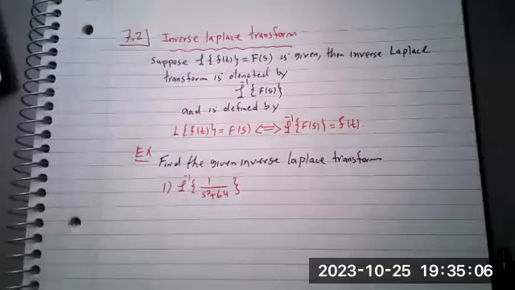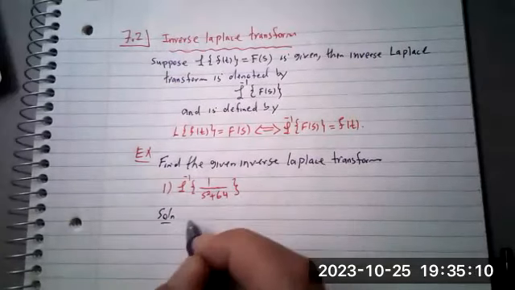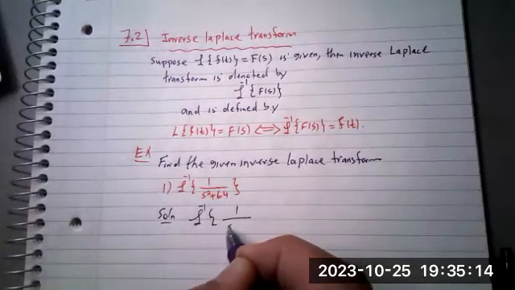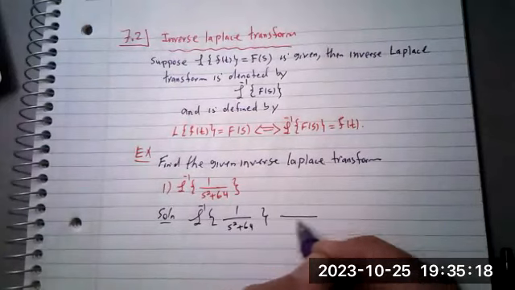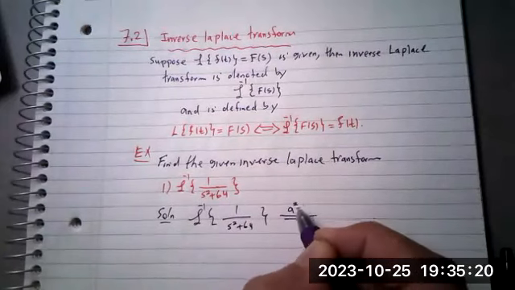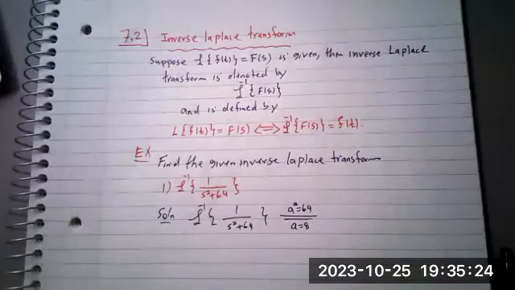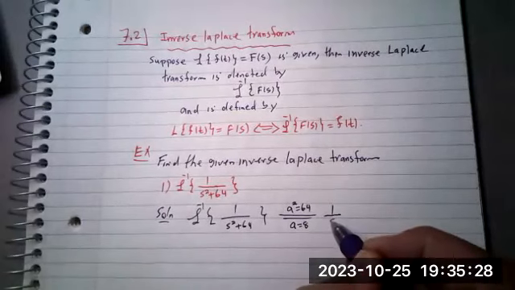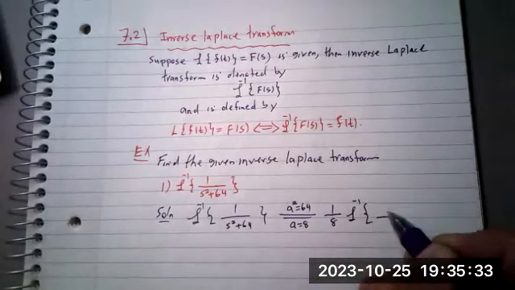Solution: I would like to find the Laplace inverse of 1 over s squared plus 64. Your a squared is 64, so your a is 8. So I divide the outside by 8, then I multiply the inside by 8.